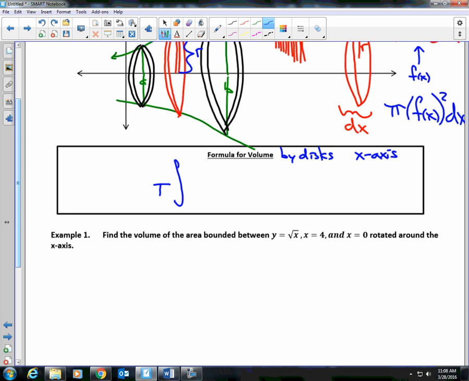You're going to take pi times your function squared dx, bounded from a to b. So the integral is extremely powerful. We can use it to not just calculate area, but we can revolve it and find volume.